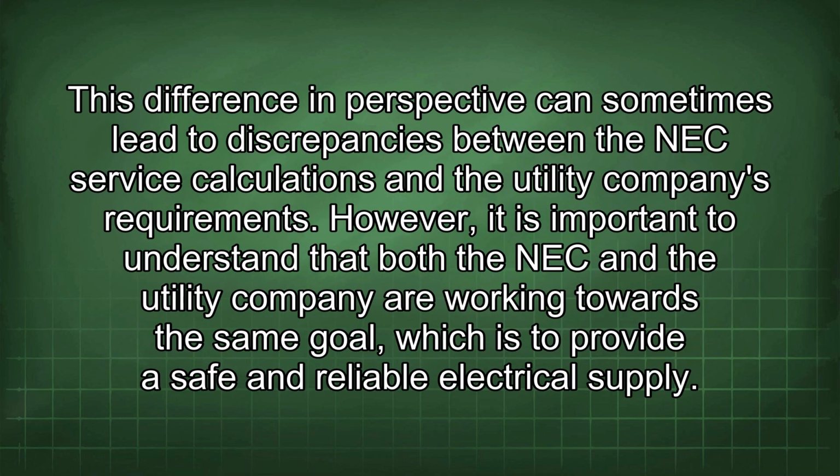This difference in perspective can sometimes lead to discrepancies between the NEC service calculations and the utility company's requirements. However, it is important to understand that both the NEC and the utility company are working towards the same goal, which is to provide a safe and reliable electrical supply.